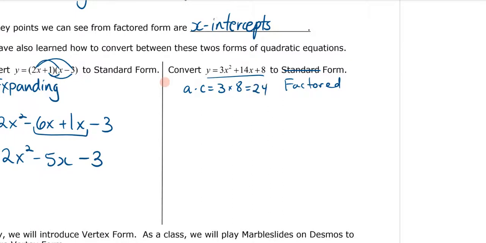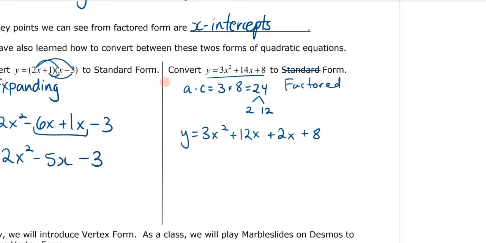Look for two numbers that multiply to 24 and add up to 14. Those two numbers are 2 and 12. When we find the two factors, we rewrite the standard form by splitting the middle term, the 14x, into two terms: 12x plus 2x, and then we have the plus 8 at the end.